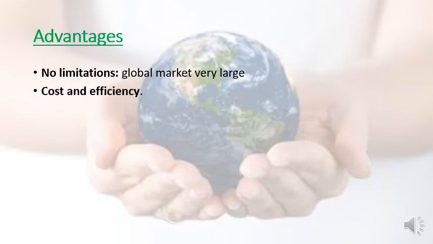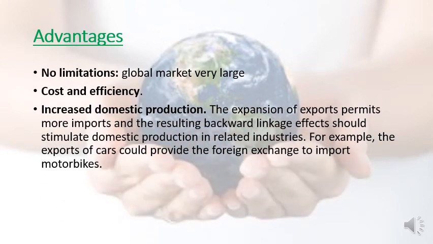Also, cost and efficiency, so related to economies of scale, the businesses are going to be able to produce more at lower costs. They are also going to become more efficient. So because of the competition involved, they will naturally find ways to produce the good or the services at a cheaper price. And most importantly, increase domestic production.